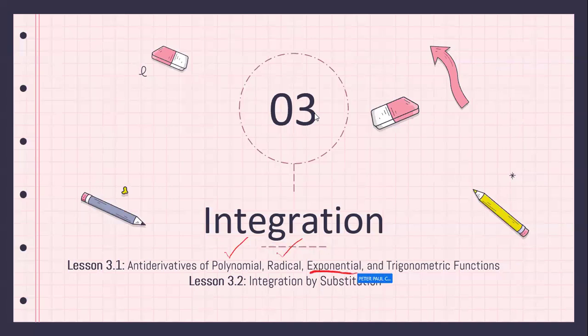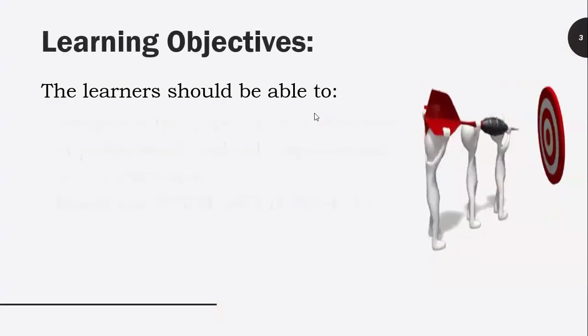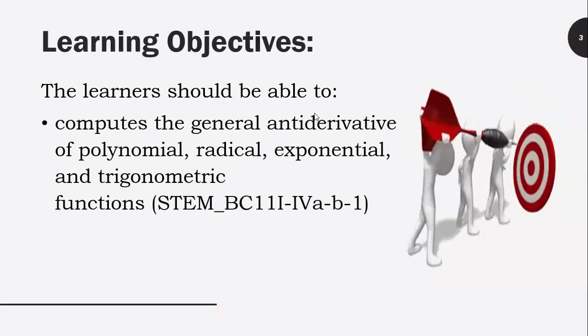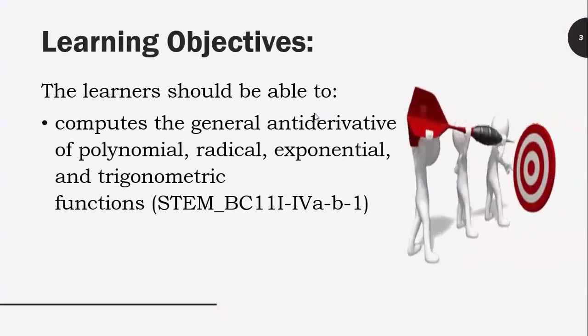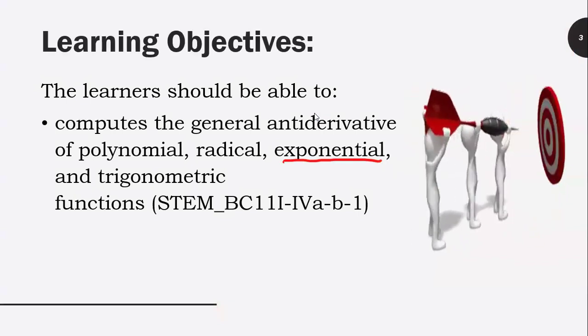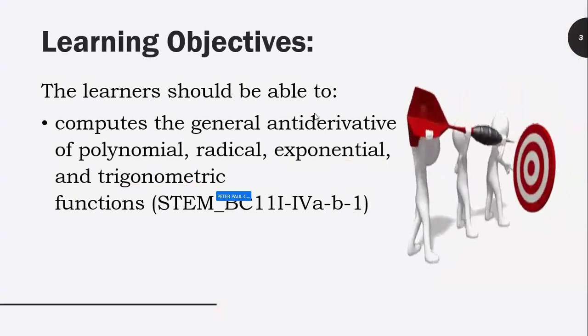For the next lesson, we'll focus on exponential functions and trigonometric functions respectively. We are still on the first learning objective, but this time we will focus on computing the general antiderivative of both the exponential and trigonometric functions as mentioned a while ago.